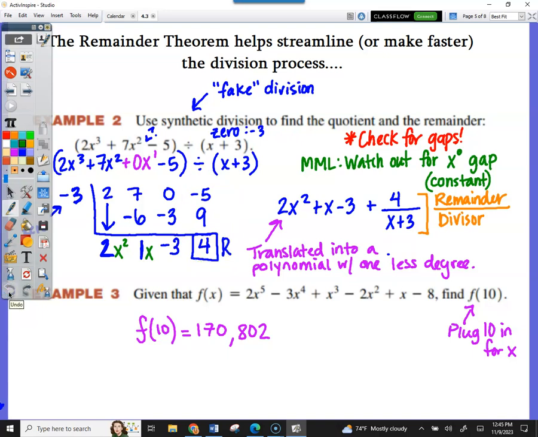Then you write it in polynomial form by recognizing that this was a cubic. We factored a linear out, which means we're left with a quadratic, and then you write it in that polynomial form. This is the format of how to write the remainder over the divisor, and that's what you'll write in my math lab.